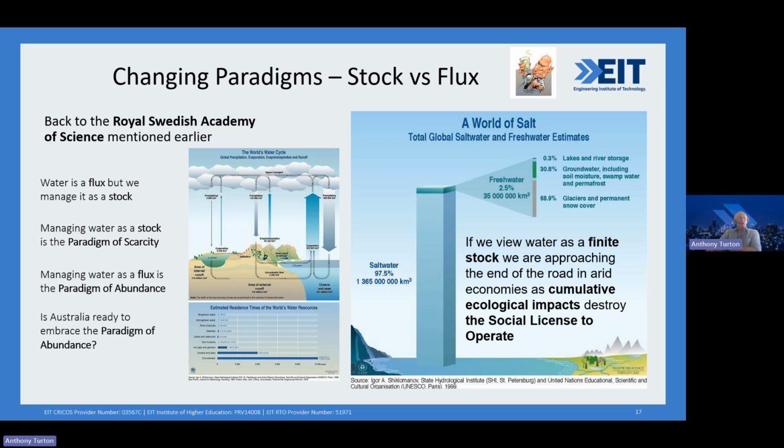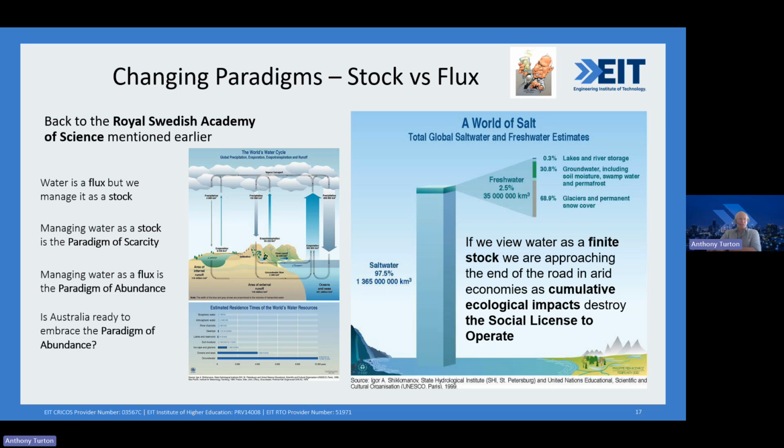And I mentioned earlier in that video clip that didn't play that I believe we've got a crisis of critical thinking. We don't so much have a water crisis. We have more of a crisis about the way we think about water. And the interesting thing is that we live on a planet Earth that is two-thirds covered with water.